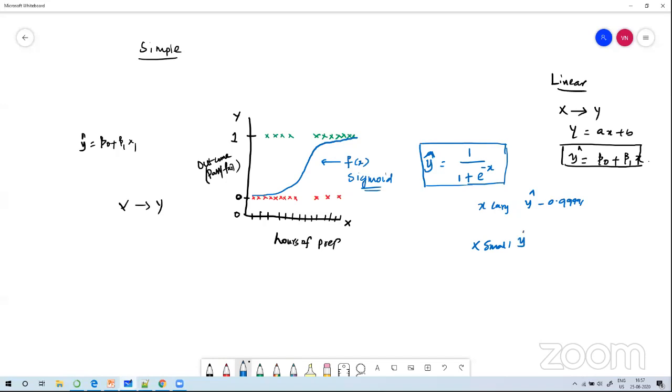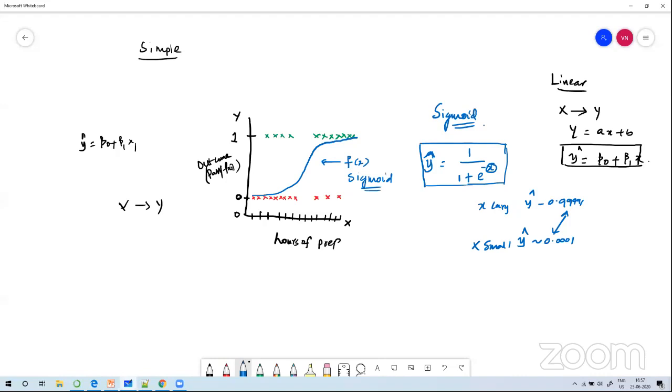When x is small, y hat would be very close to 0, okay? So the output of this would always be between 0 and 1. No matter what value of x you give, it is not going to deviate from this. So that's why we are going to use this sigmoid function to represent the relationship between x and y.